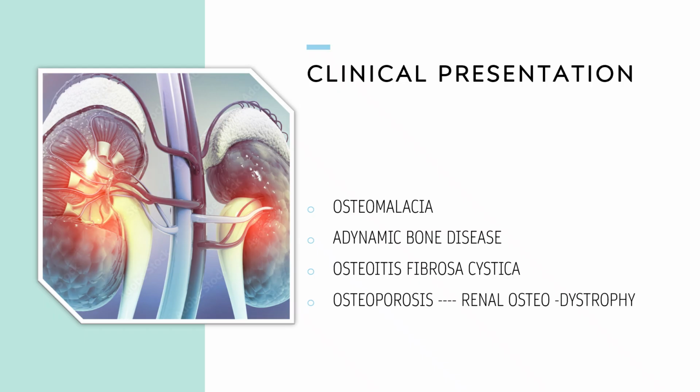So these are the clinical presentations of CKD. Osteomalacia is occurring because of vitamin D and calcium reduction, and when the calcium is reduced, we give more and more vitamin D and calcium, and when it becomes excess, it will lead to adynamic bone disease.